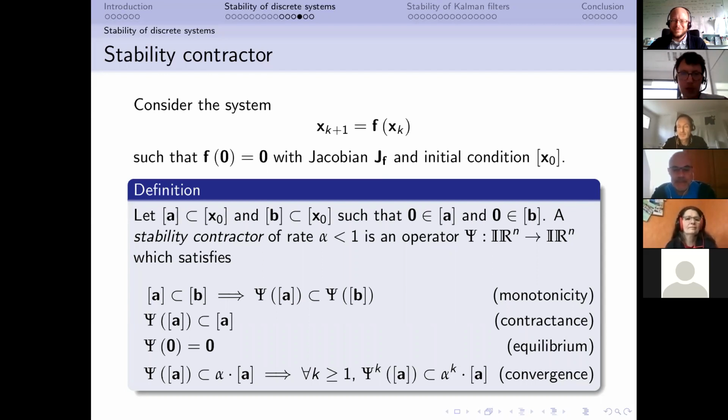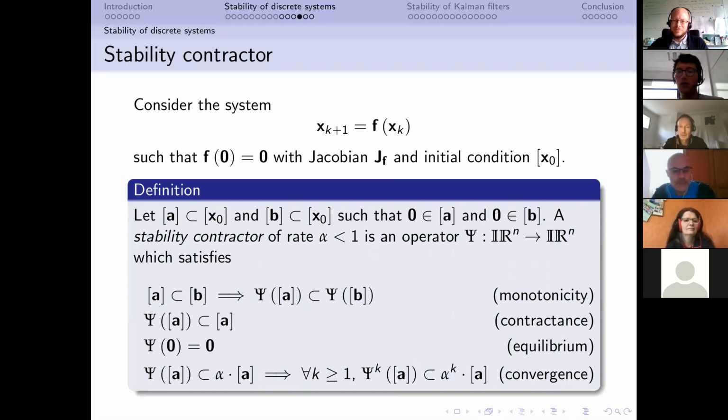So basically the goal of the stability contractor is, given an initial box for your system, to prove that after a few iterations, the system will be re-entering inside its initial state and then converge towards its fixed point. For that, you have to have a way of enclosing the state of the system along these few iterations of the stability contractor. And to do that, the easiest way is to take an inclusion function.